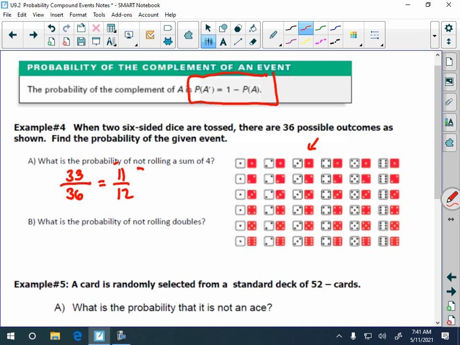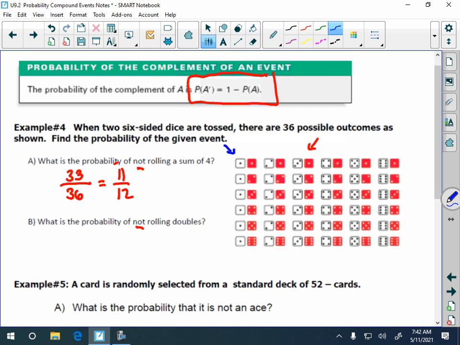All right, B, what's the probability of not rolling doubles? Not rolling doubles. So again, the easiest way to do something, again, because it's not, is find out how many ways can you roll a double, subtract it from the total, that's your numerator, and then divide it by the total number of choices. Again, this would be 36. All right, so again, our doubles occur along this diagonal here. There's, again, 6 of them. And so we don't want those 6.